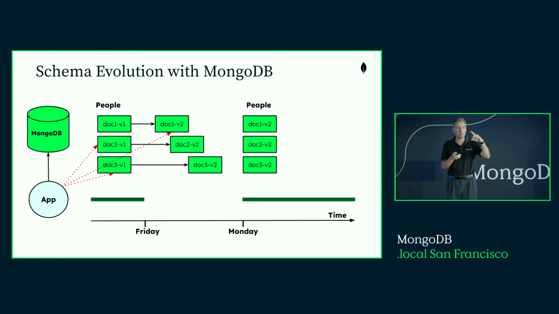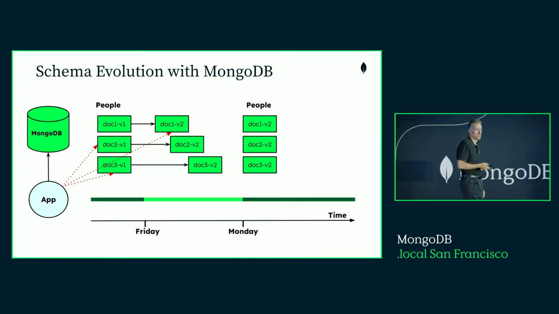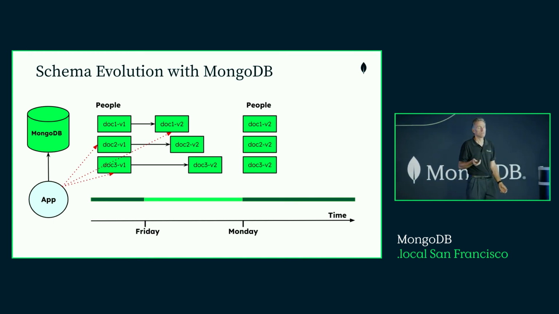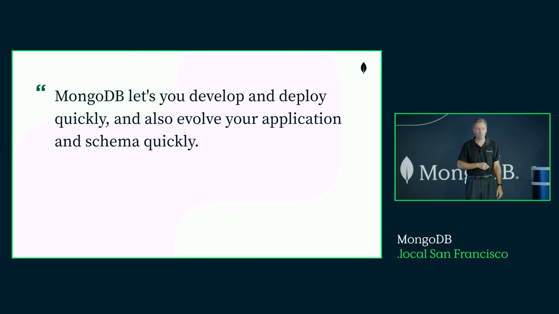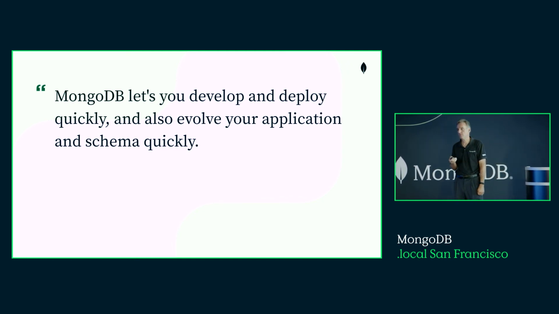If it can read both shapes, I don't have downtime, because as it's receiving a communication mode, depending on the version, it's going to do the right thing. So I'm not going to be down, and I can make my modification without downtime. So MongoDB not only lets you develop and deploy quickly, but also evolve your application and your schema quickly.